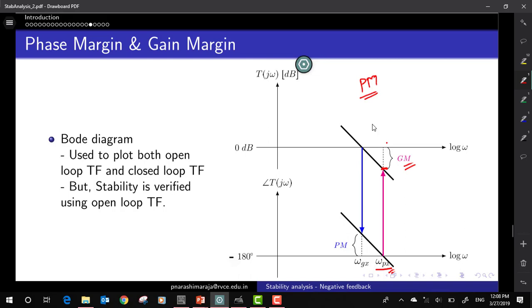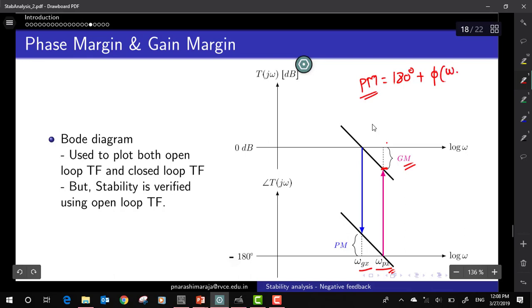So what do we mean by gain crossover frequency? It is the frequency at which the loop gain magnitude becomes 1 or 0 dB. That is the frequency I take, and at that frequency I read the phase margin. The phase margin is defined as 180 degrees plus the phase value that you read at the gain crossover frequency, omega gx.